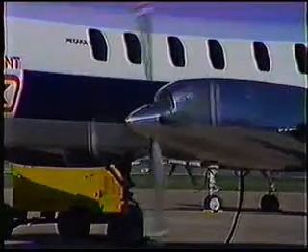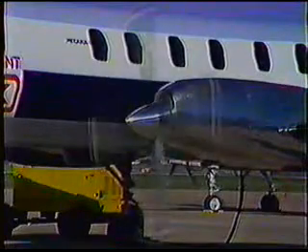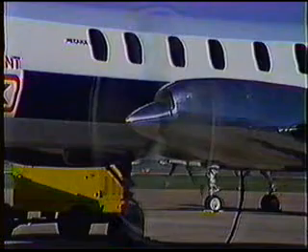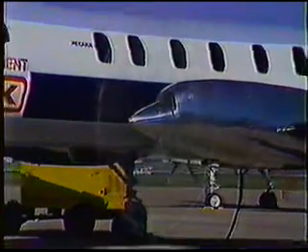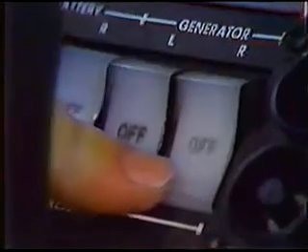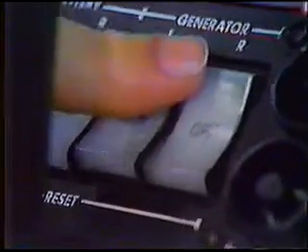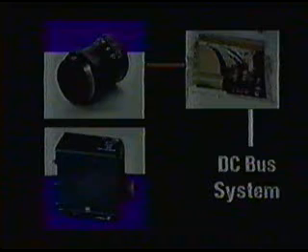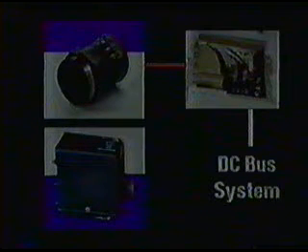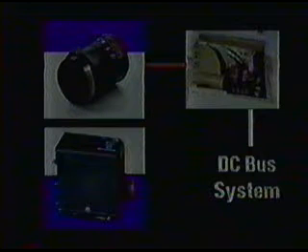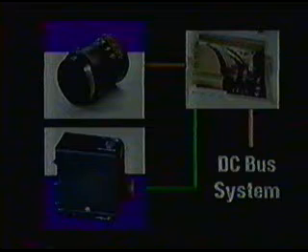Now let's discuss the overall operation of the system from a function standpoint. After the engines are operating, the pilot moves the respective generator switch to reset and then to on. The generator should be producing about 28.5 volts. The generator control panel will look at the generator's output and, if it is normal, allow the main contactor to close.